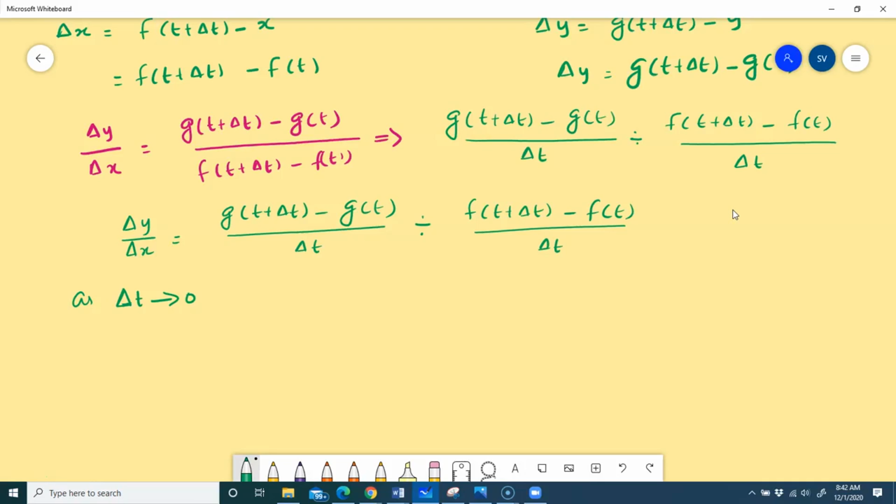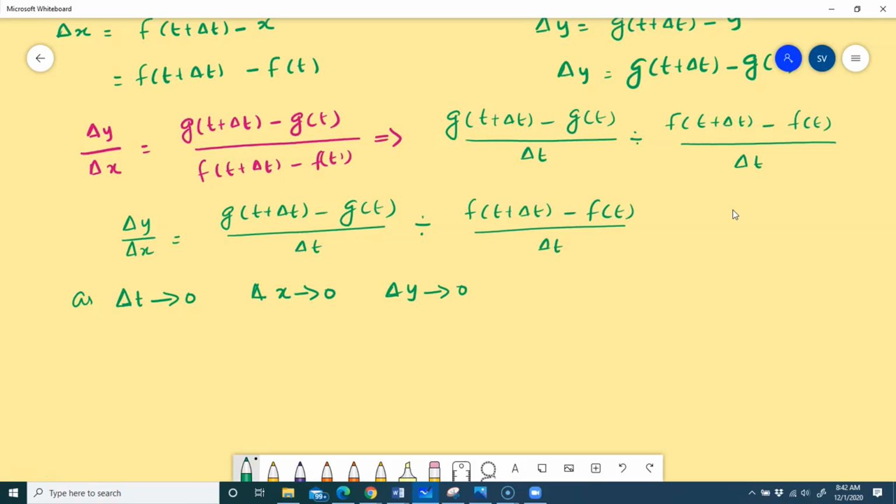As delta t tends to 0, delta x tends to 0 and delta y will also tend to 0. Because delta t tends to 0 means this is 0, this is 0, this will become 0. That means delta y and delta x tend to 0.